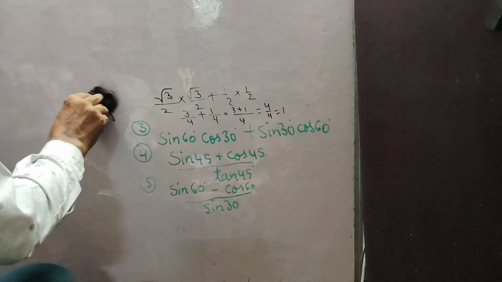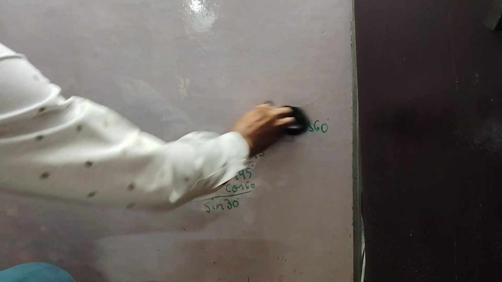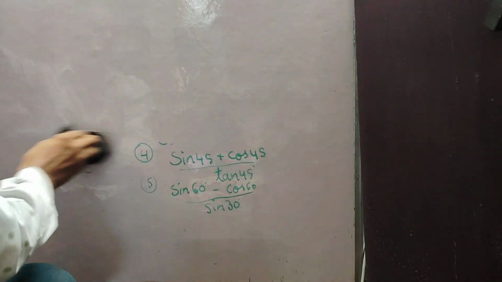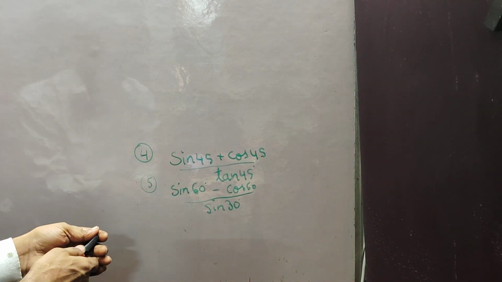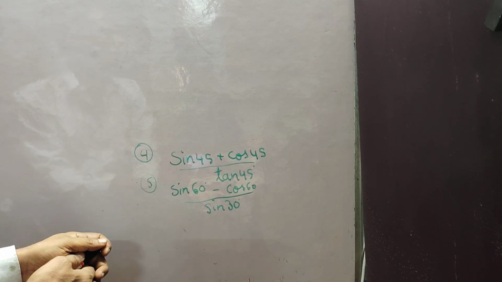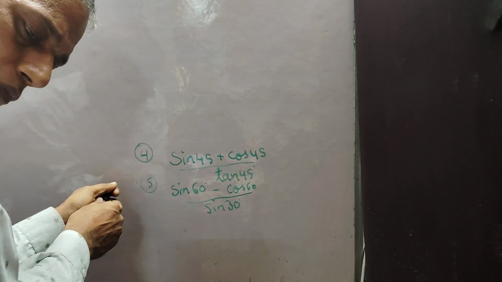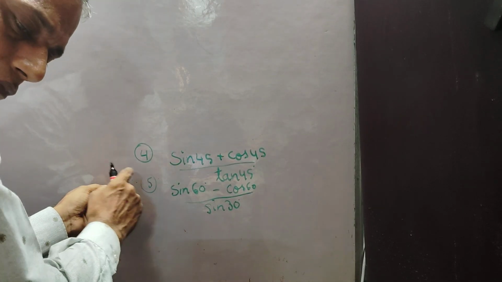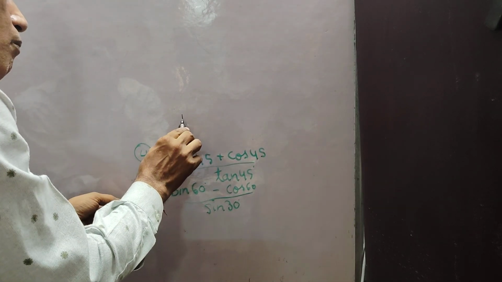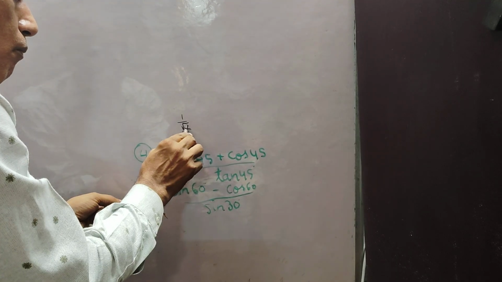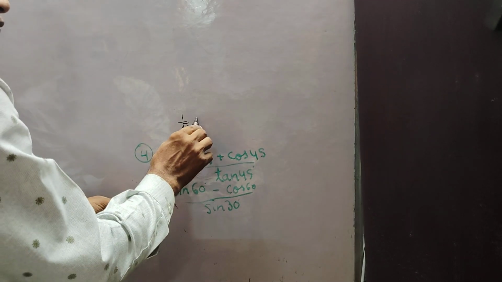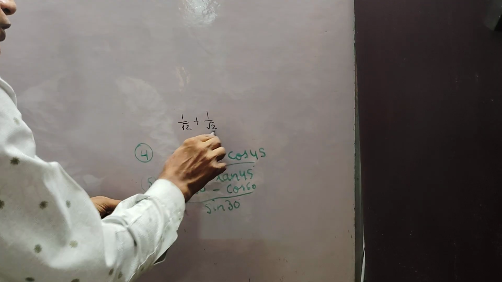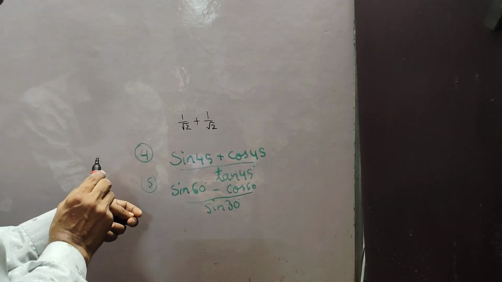Next question number 4. Sine 45 plus cos 45 over tan 45. What is sine 45? Sine 45 is 1 by root 2.